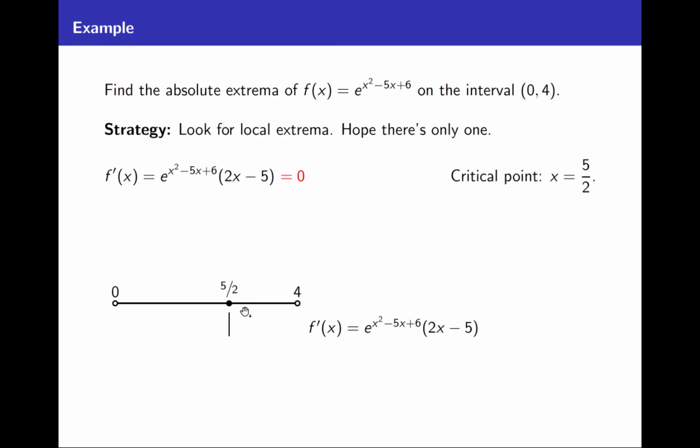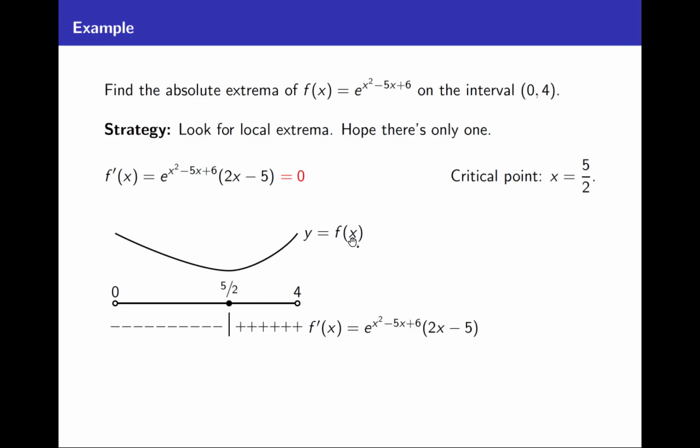We've got two intervals, and for the right-hand interval, when x is bigger than 5 halves, f prime would be this positive number times 2 times a number bigger than 5 halves minus 5, and that's positive. Whereas if x is to the left of 5 halves, we're negative.